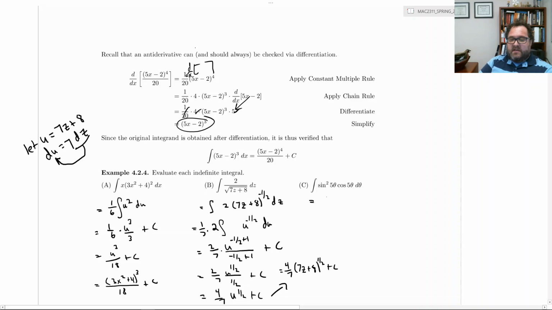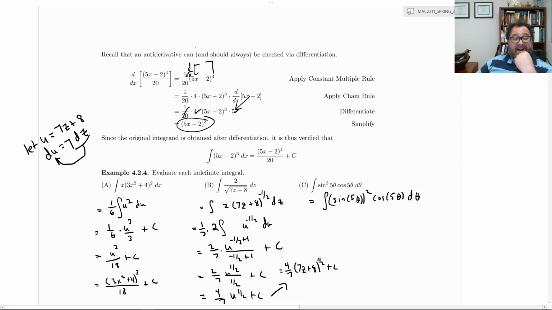Because we could say this is equal to the indefinite integral of (sine of 5 theta) squared, the whole thing is squared like so, times cosine of 5 theta, d theta.